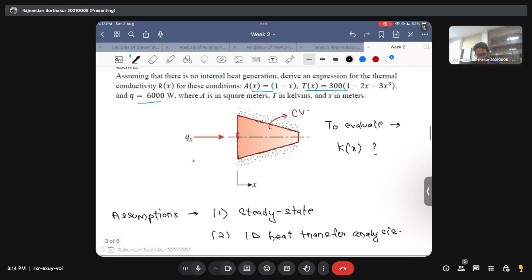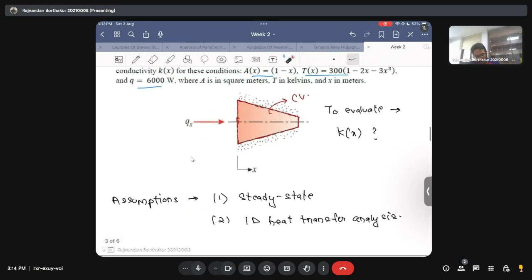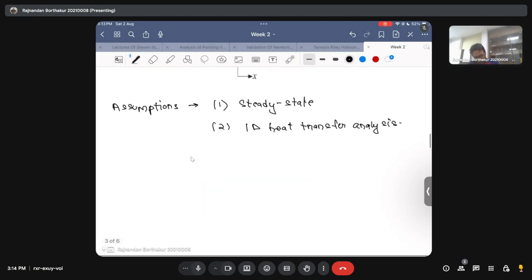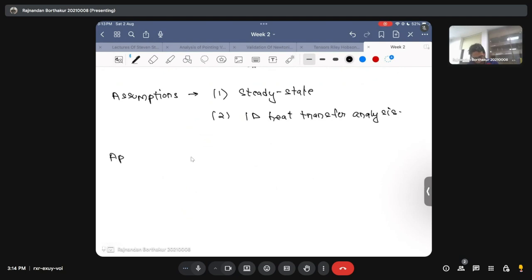So considering this control volume, and given that we consider these two assumptions, what we will now do is apply the energy balance in the control volume.